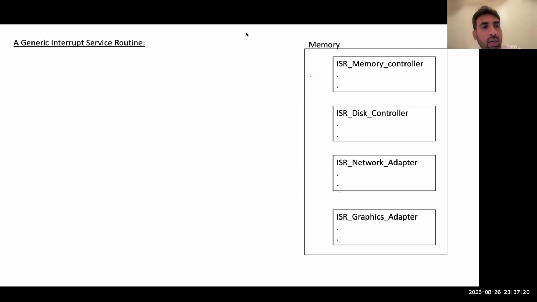On the right side of this slide, you see a block diagram of memory, and in the memory you have interrupt service routines for different devices, like the memory controller, disk controller, network adapter, graphics adapter, and so on, right?